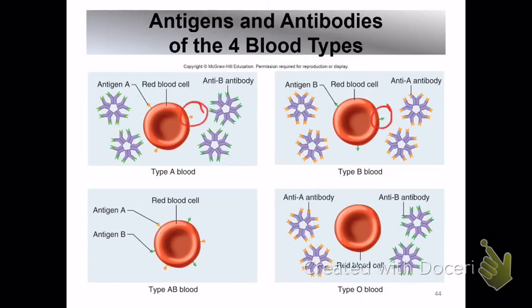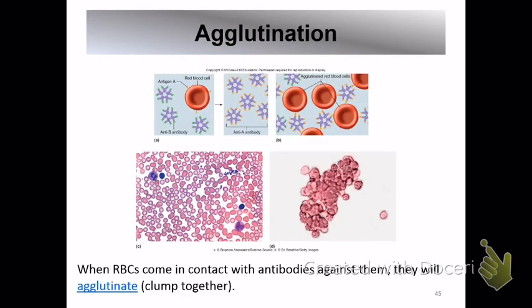The B antigen and the A antigen, they're shaped differently. And to your immune system, they feel different. Immune system cells feel around, and when they feel something abnormal, they attack it. If you have AB, you have both. And then if you have O, you have naked red blood cells. When red blood cells come in contact with antibodies against them, they will clump.